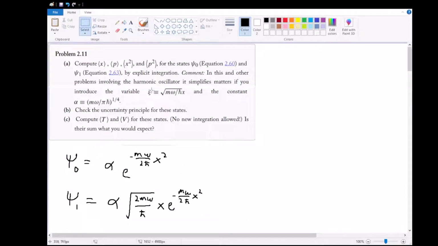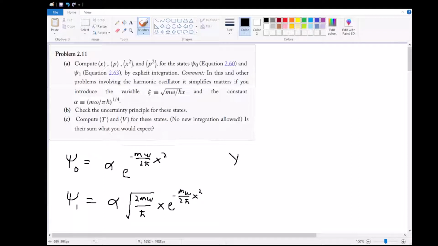Next, we have the xi term, which is equal to the square root of m omega over h bar times x. Immediately, you should see that we can convert it this way. Xi is very hard to draw, so instead I'm going to draw it as y, because this is frankly impossible for me to draw well, especially on a mouse.